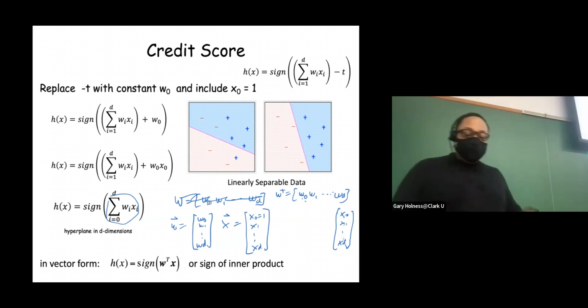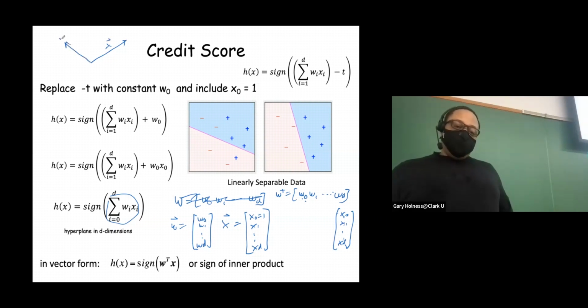And so this W transpose X is also known as vector projection. Suppose you have your X vector that way, and you have your W vector plotted there in feature space. What this W transpose X does is find the magnitude of the W vector in the direction of the X vector.